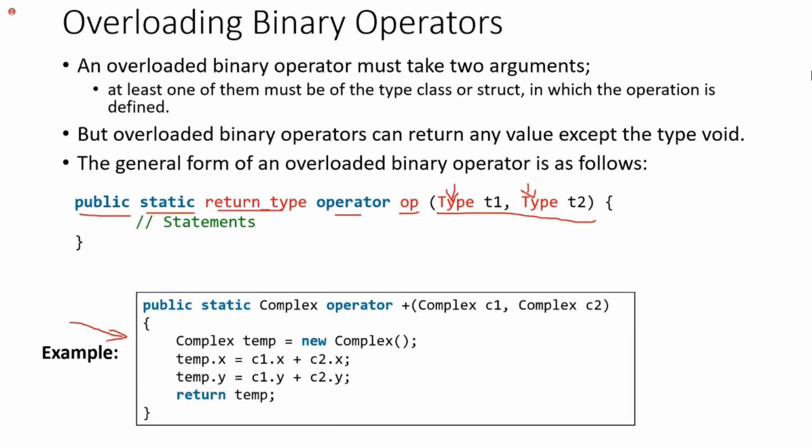If you want to add two complex numbers, this is how you do it, right? Adding two complex numbers results in adding the real part on one side and the imaginary part on the other side. So you are adding the real part and imaginary part separately and then create a new one. We'll try this one as well.